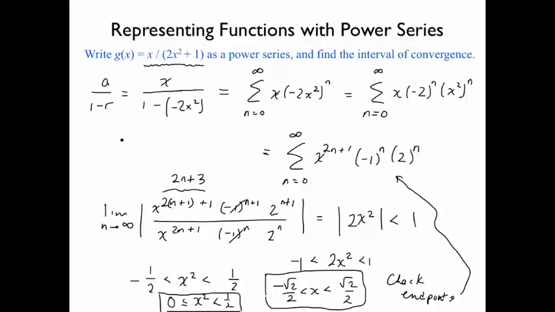So for x squared to be less than 1/2, x is going to be between the square root of 1/2 and negative square root of 1/2. Because negative values of, say, like negative 0.1 is in this range. So if x is negative 0.1, you square it, it's between 0 and 1/2.